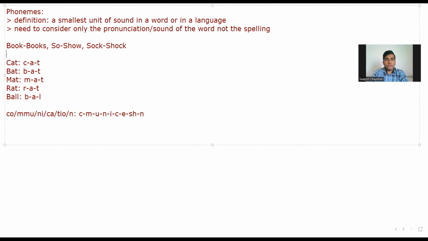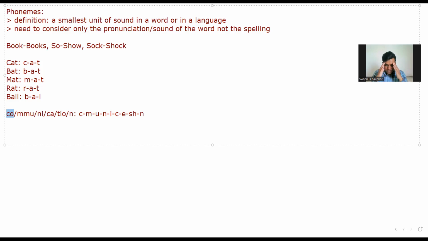But look at the rule again, our definition or the rule. Need to consider only the pronunciation, not the spelling. So although in spelling, you can see we have two m's, and then over here we have IO, you do not need to consider that. Over here we have CO. You do not need to consider that. What you need to consider is just the sound.